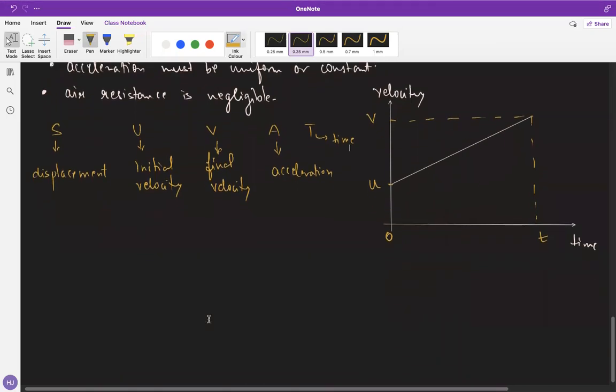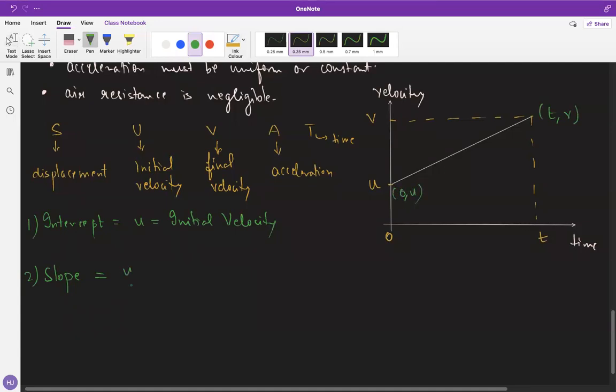Now, just because it's a graph, we follow our fundamentals that the intercept of the graph, if we try finding it out, is basically u, which is the information about the initial velocity of the object. So number one, done. Number two, if we go for the slope of the graph, this coordinate here is t comma v. This coordinate here is 0 comma u.